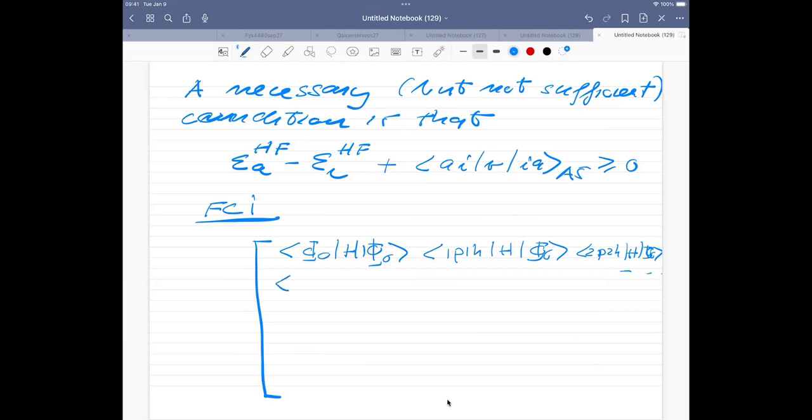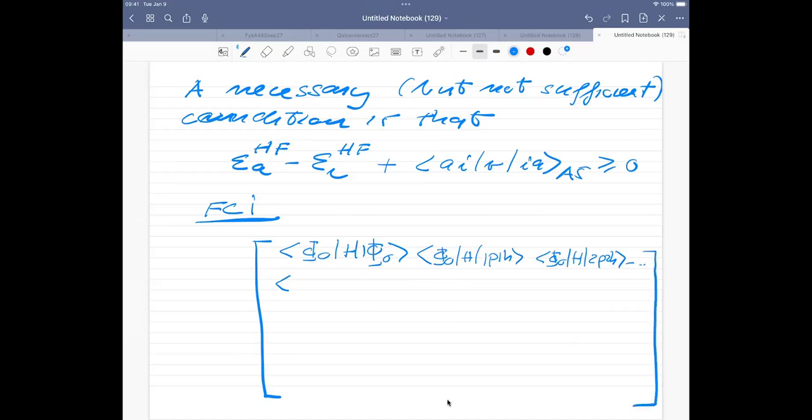Then we would have now again here, I just need to rewrite it a little bit. It's the opposite. So the next block here, phi 0, H of one particle, one hole. And then I have a phi 0, H of two particle, two hole, and so on, up to the n particle, n hole.